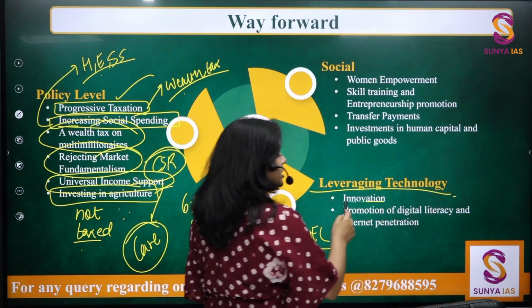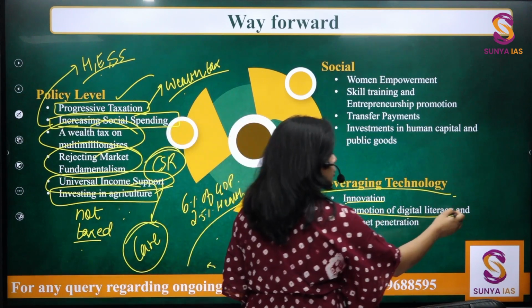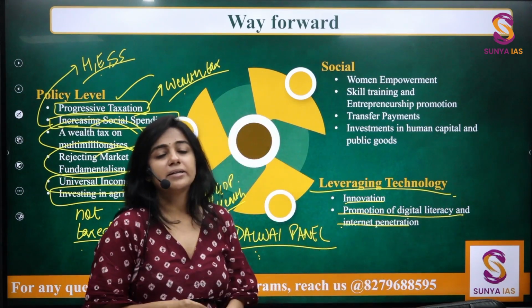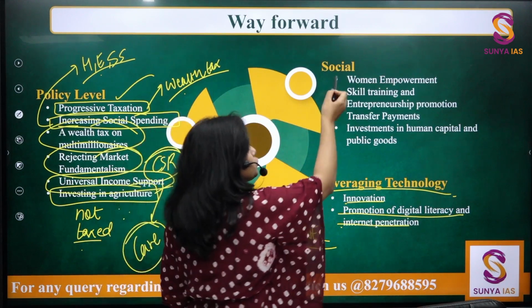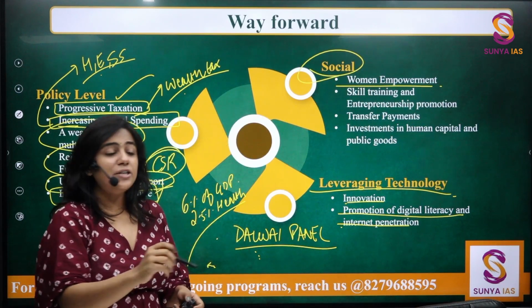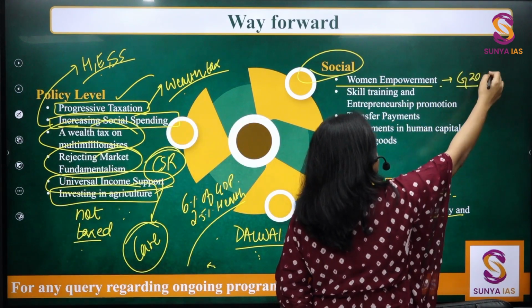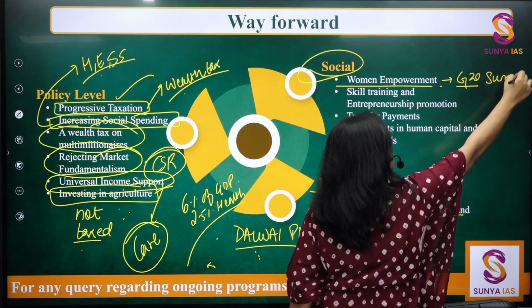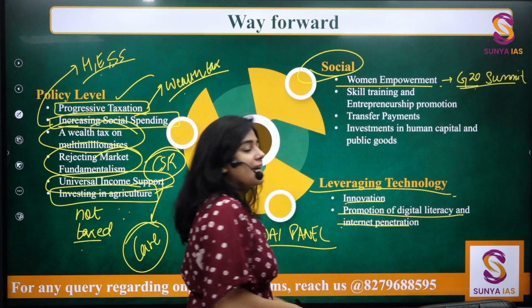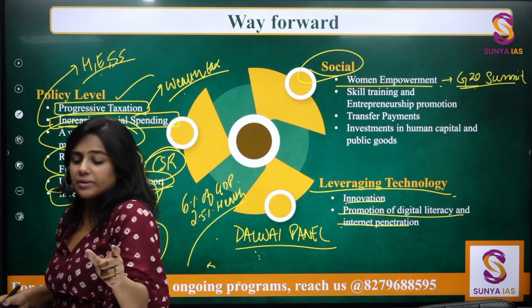We need to leverage technology, we need to go for more innovative technologies, and we need to promote digital literacy and internet penetration. Socially, women empowerment has to be there. And in fact, this year, the G20 summit that was conducted in New Delhi has a specific pillar of women-led development.